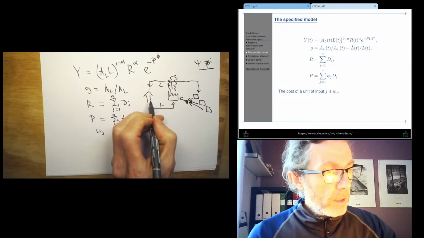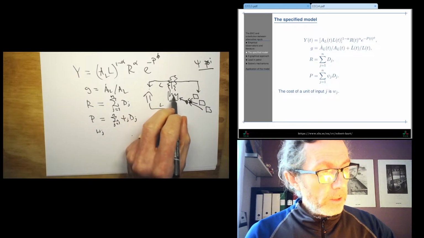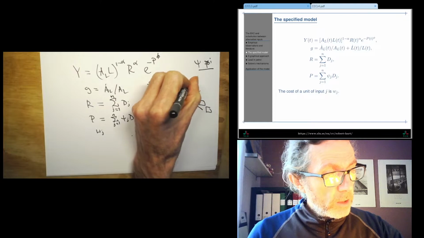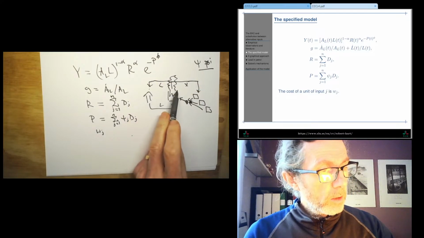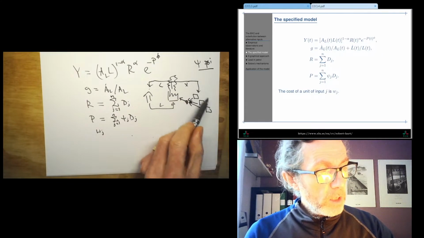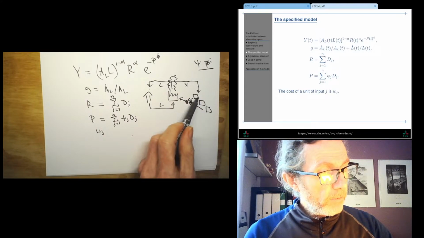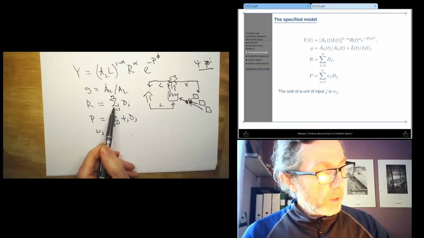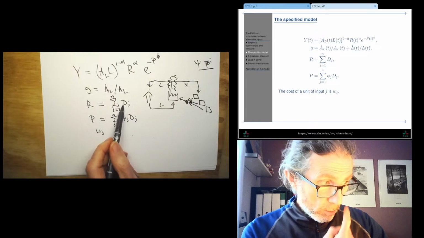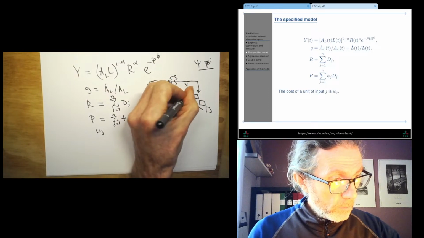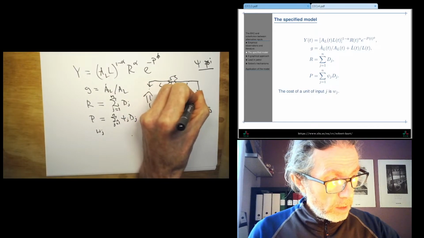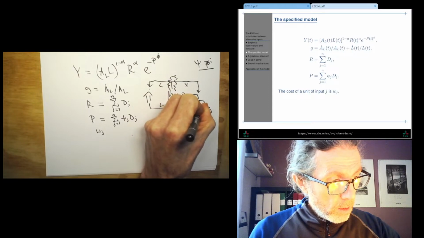We've got households sending labor to the final goods sector. Production there can either go to consumption or into these intermediate sectors, which are the mines effectively. And from the mines we extract these resources, quantities. So this is R, and this is like D1, D2, D3.